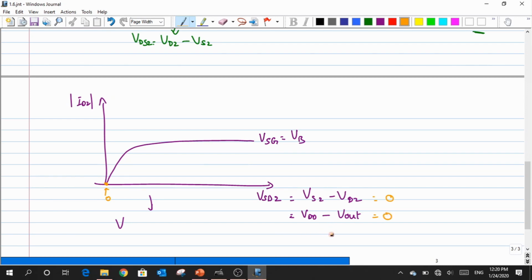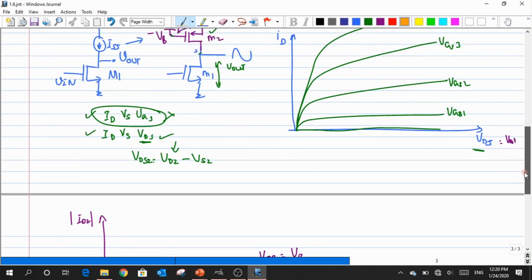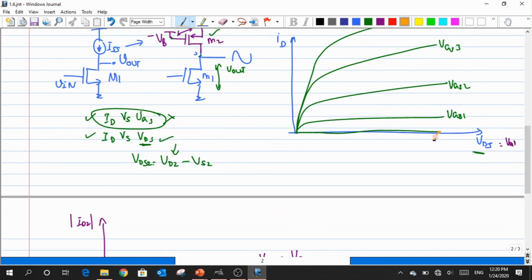When I do so, my Vout would be equal to VDD. So the 0 point is getting translated onto this x-axis at the point where my Vout is equal to VDD, because this is my Vout graph. Am I right? Yeah.